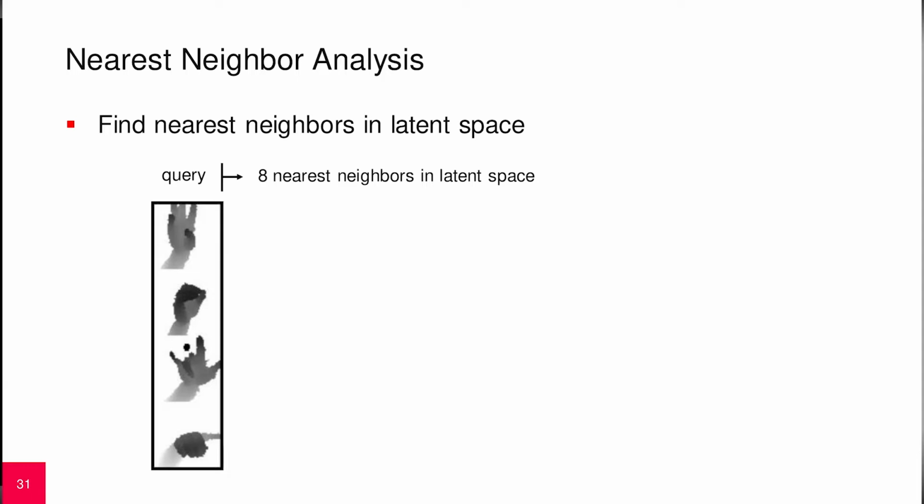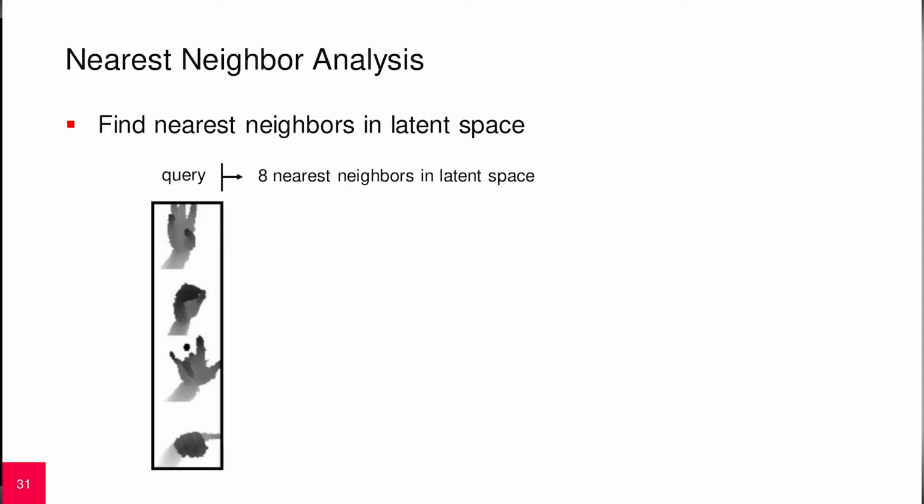But of course, since this is a latent representation, similar to what Ben used before, we cannot investigate this in the same way as we would for a supervised learning approach, where we check the distance in the pose space.